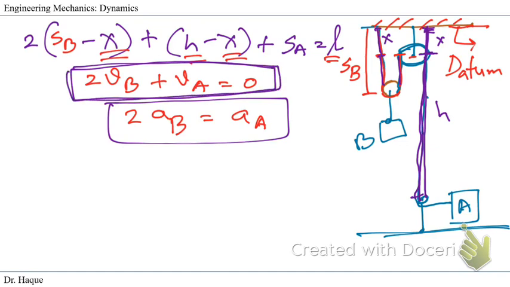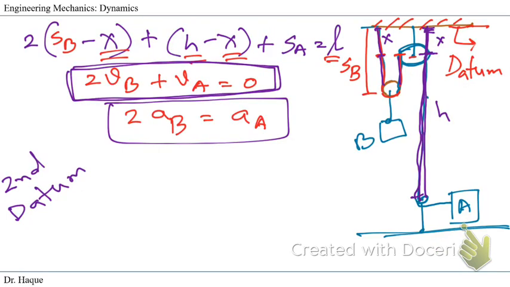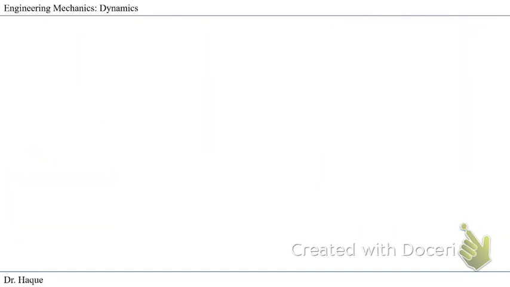So this is the second datum option. We had the first datum, and then this is the second, and we can also have another datum taken at a different position.